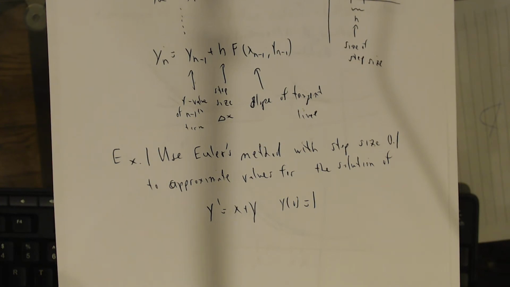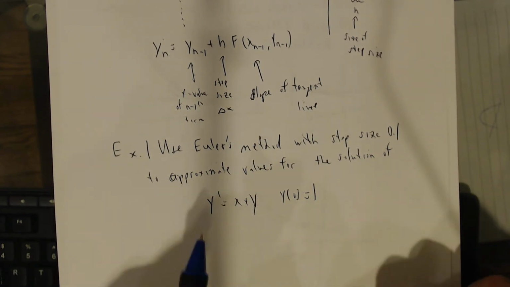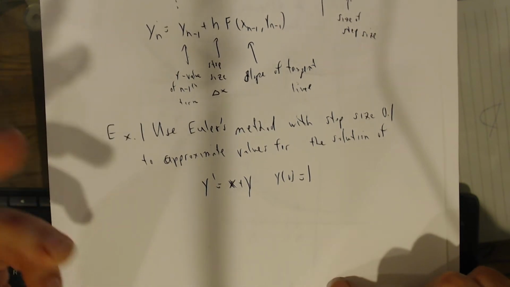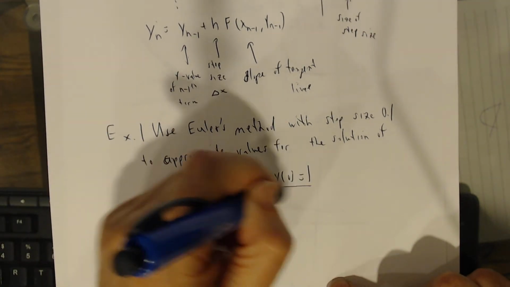Okay, so basically we're now using this to approximate the y values of the solution. So what we have here is they give us the initial condition.